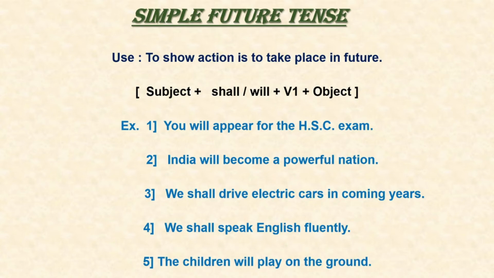In all these sentences you can see the use of subject, shall/will and V1. You will appear, India will become, we shall drive, we shall speak and children will play. So this is an example of simple future tense. By studying the formula, you can easily change the other tense into future tense.